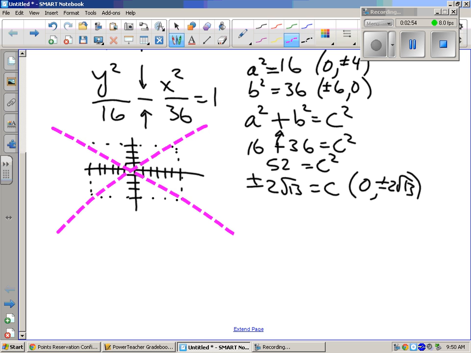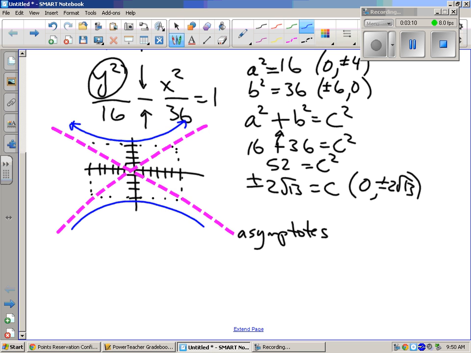Those are our asymptotes. Those are the boundaries. And what is listed first? The y is listed first, so that means I have to draw the hyperbola on the y-axis. So whatever's listed first is your a, and it's the one you draw it on.